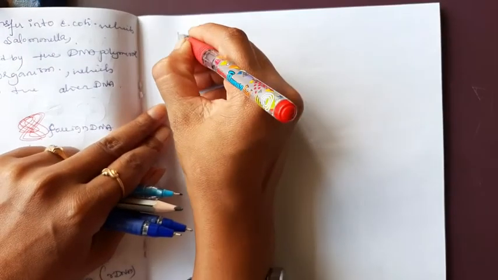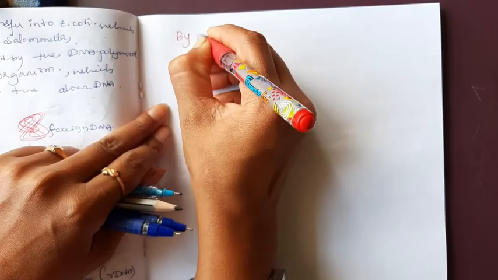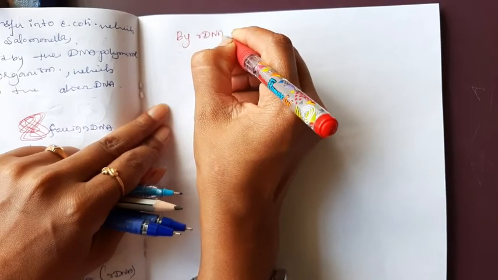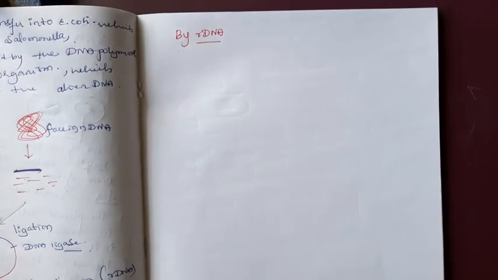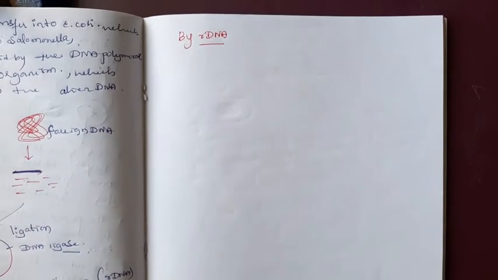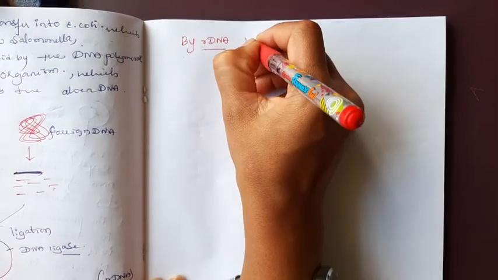I can say genetically modified animals or genetically modified plants. Both we can say GMO, genetically modified organisms, by rDNA, recombinant DNA, technology.